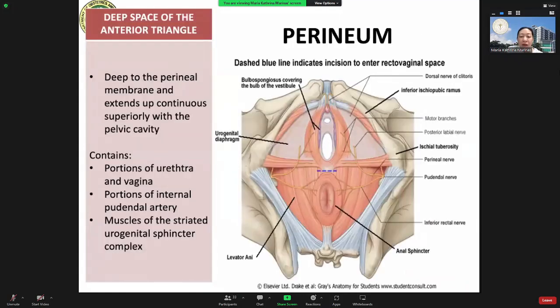The deep space of the anterior triangle lies deep to the perineal membrane and, as I mentioned, continues superiorly with the pelvic cavity. It contains portions of the urethra and vagina, portions of the internal pudendal artery, and muscles of the striated urogenital sphincter complex.